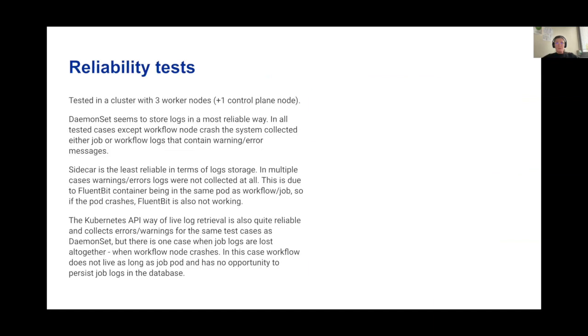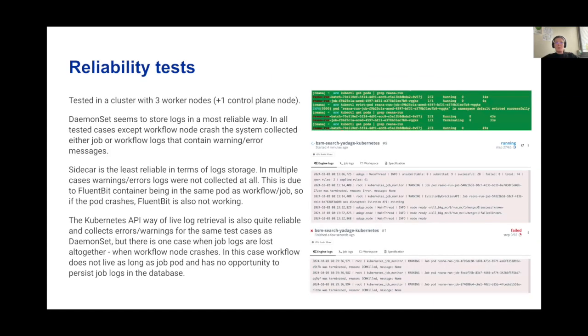So after benchmarks, I also performed reliability tests, and basically created some scenarios for each setup, like pod eviction, pod deletion, code exceptions, out-of-memory errors, node crashes, node storage pressure, and then noted whether there are entries in logs that notify the user of this specific event.